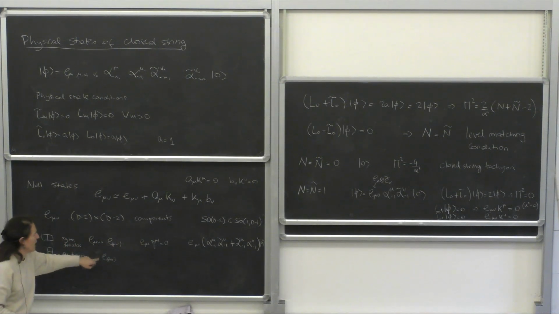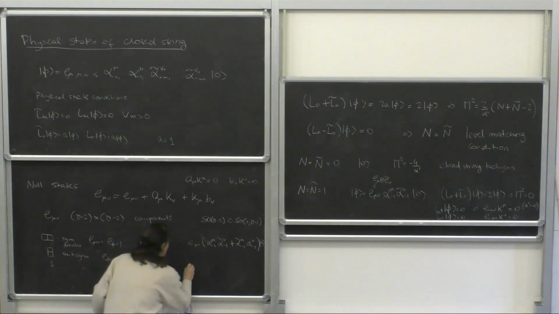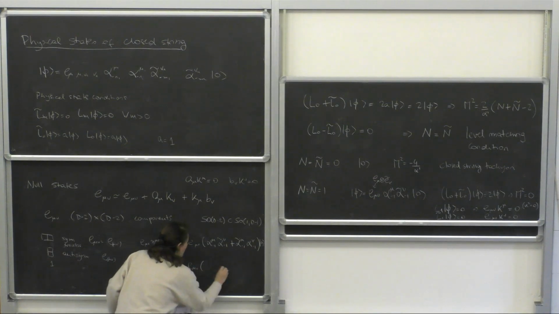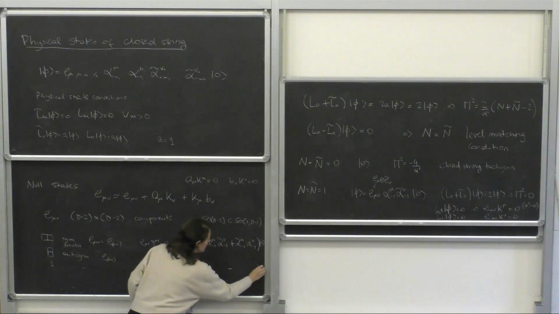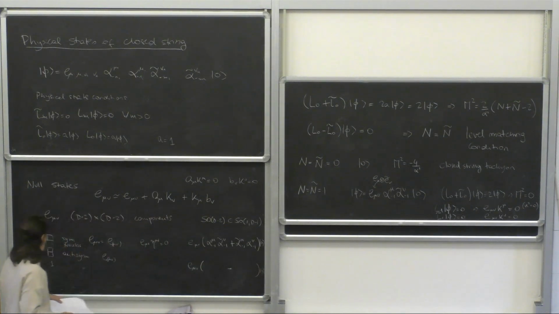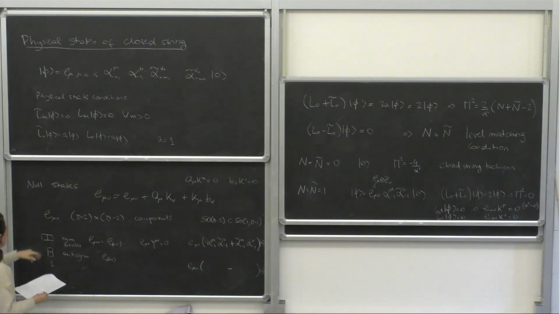In this one here, you do the same thing with a minus sign. And then this is a trace. So here I have d minus 2 times d minus 1 over 2.